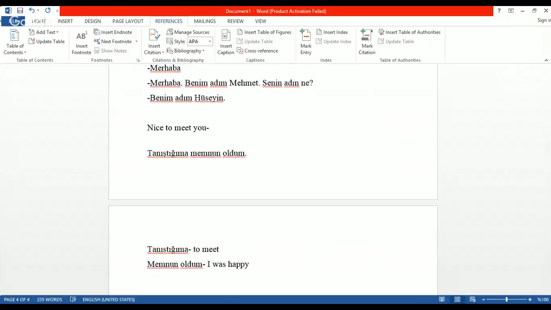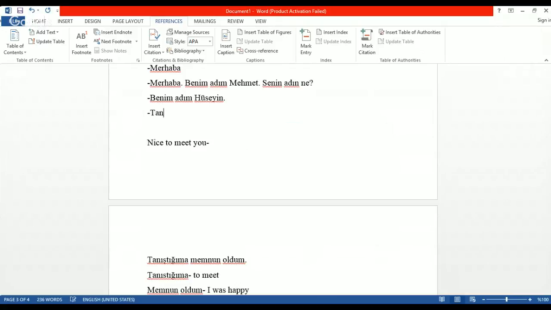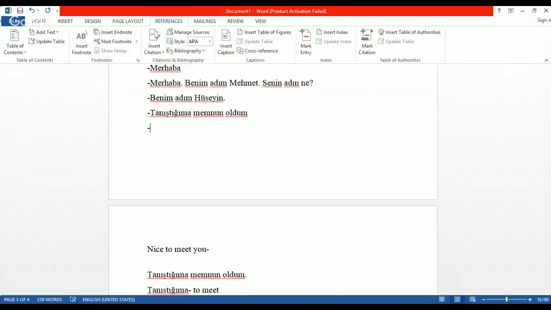So basically the breakdown of the sentence is I was happy to meet you. And this translates to nice to meet you. So we can add this here and these two people can say tanıştığıma memnun oldum. And you can say ben de, which means me too. Tanıştığıma memnun oldum.